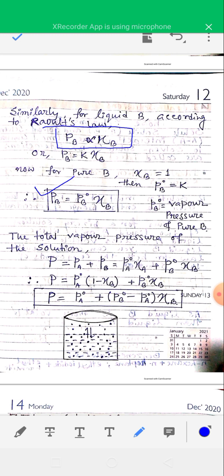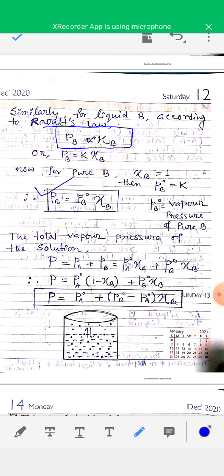When Xb is equal to 1, it indicates pure liquid B, and the vapor pressure of pure liquid is taken as Pb naught. That is, the partial vapor pressure of liquid B is equal to the vapor pressure of liquid B in pure state into the mole fraction of liquid B, that is, Pb is equal to Pb naught into Xb.